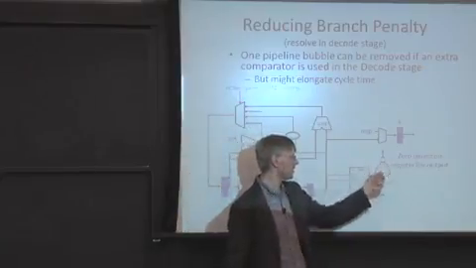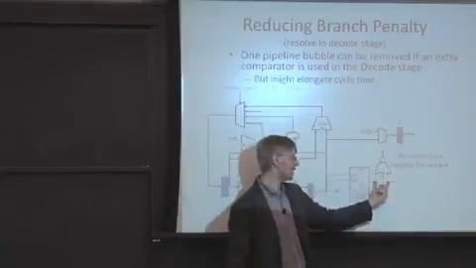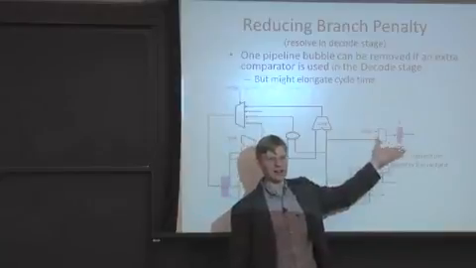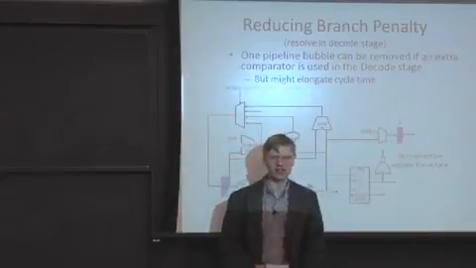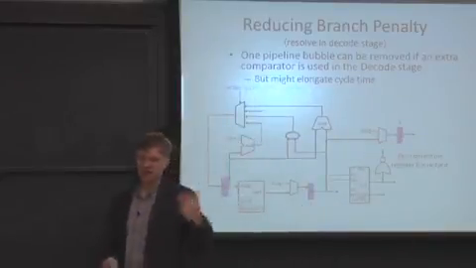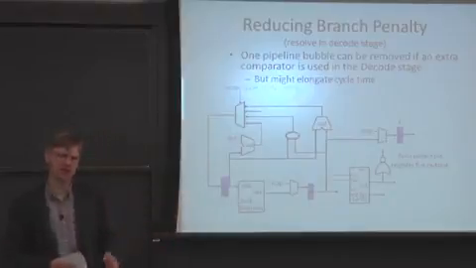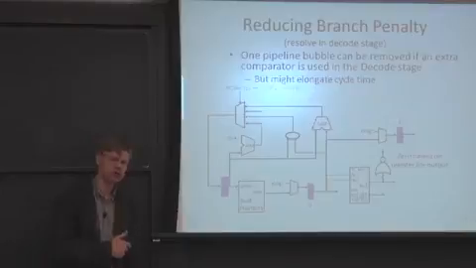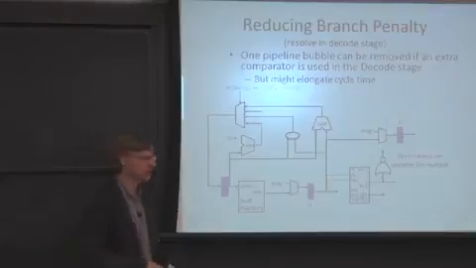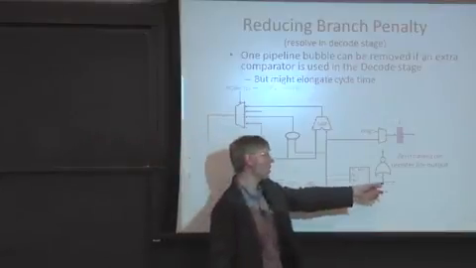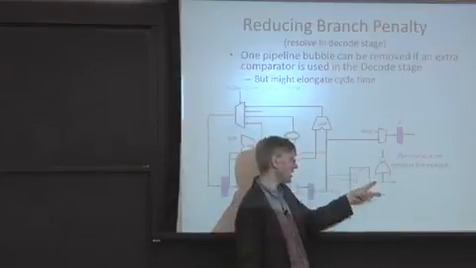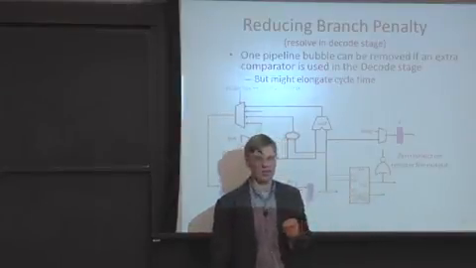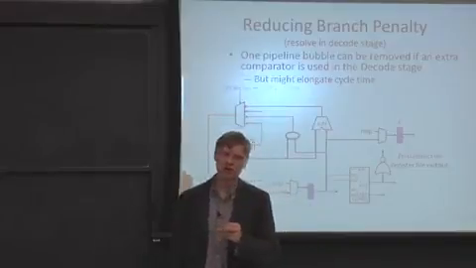But this is effectively a big OR gate where you OR in all 32 bits if you have a 32-bit processor, and then take the NOT. And this is easy for zero detect. This can get harder for different types of branches. If you have something like a branch equals or BEQ instruction, you can't use a zero detector. What you have to do instead is actually do a full comparison between two of the source operands. And that usually takes more time.